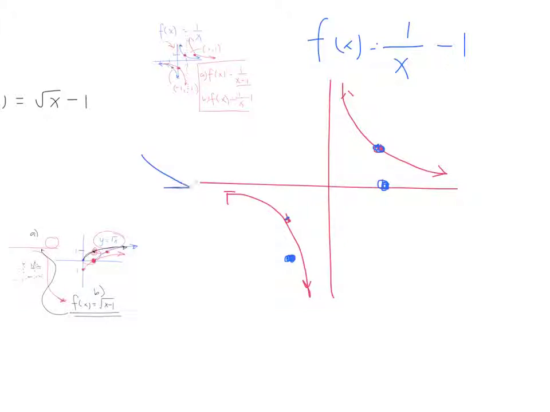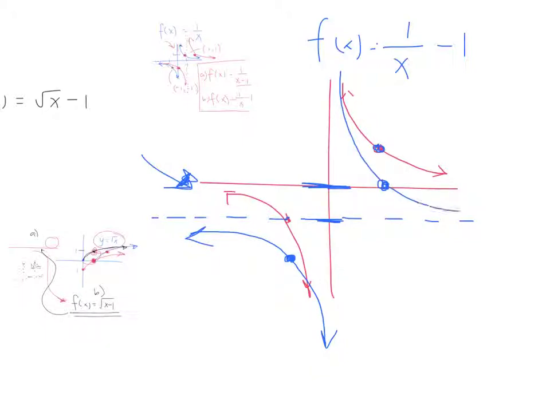Now the x-axis will be moved also, as if we are moving the x-axis. From 0, it will go down by 1. So you have to create a dotted line so that you will know where the boundary is. And then finally, just connect or pass through the points indicated on the xy plane. That's the graph of 1 over x minus 1.